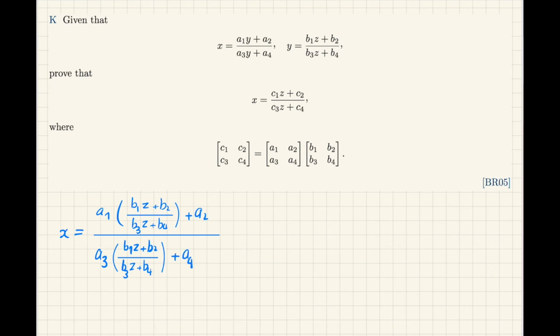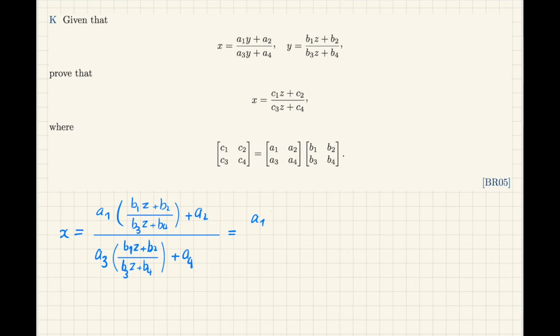Okay, so to simplify this, I want to get rid of these partial fractions in the numerator and the denominator, so I rescale this big fraction by this denominator. So I multiply the numerator and the denominator by this expression. What I get is this.